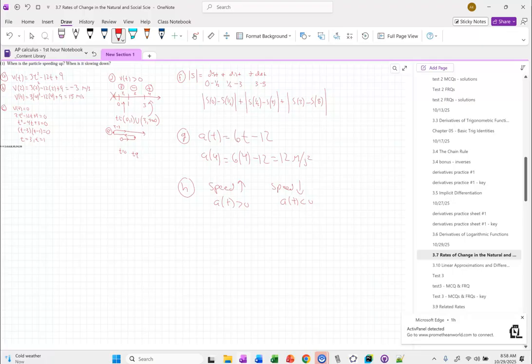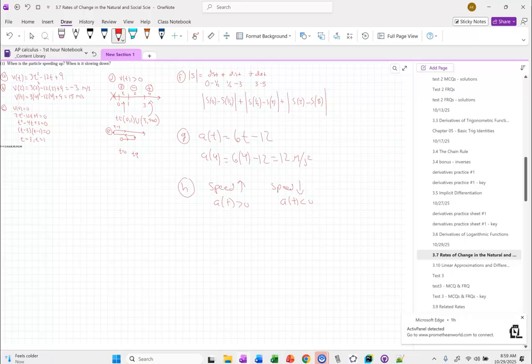Why is that not right? Physics people, why is that not right? Yeah, that would be for velocity. This says speed. What's the difference between speed and velocity? So if velocity is negative, but acceleration is also negative, that's speeding up, right? If velocity is positive and acceleration is positive, that's also speeding up. If they mismatch, that's going to be slowing down.